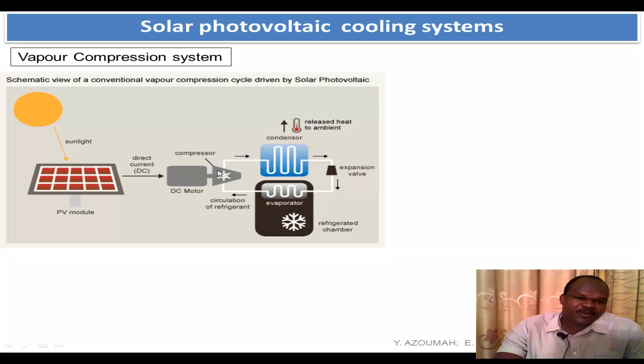So the compressor is being run using a direct current motor. Direct current because the photovoltaic module will deliver direct current. All right. So it's a simple system.